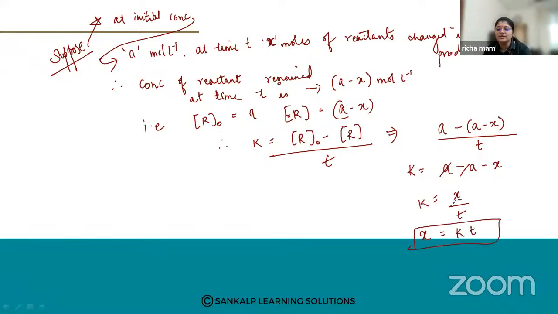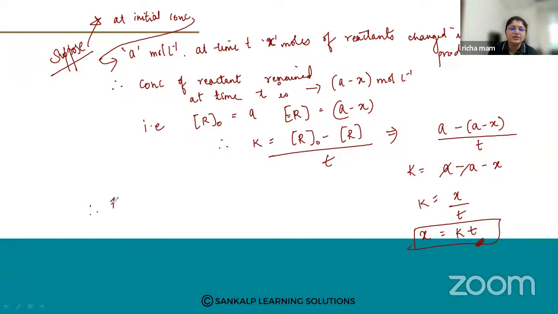Got it? So for a zero order reaction, the amount of product formed depends upon the time taken by the reaction. Whatever amount of product is formed at time t depends on the time.